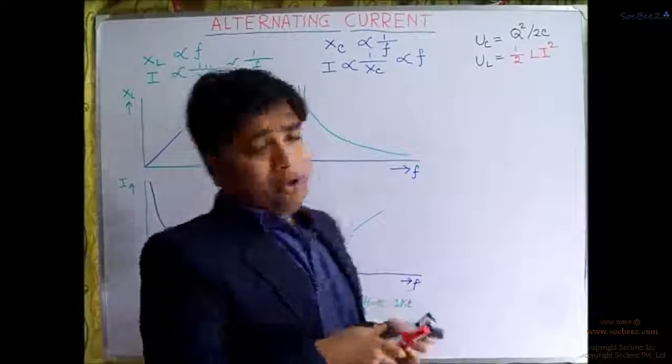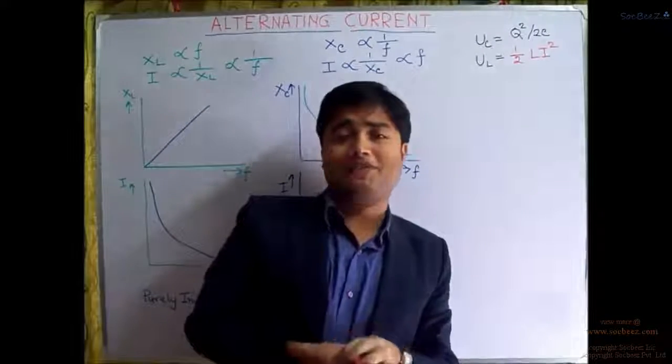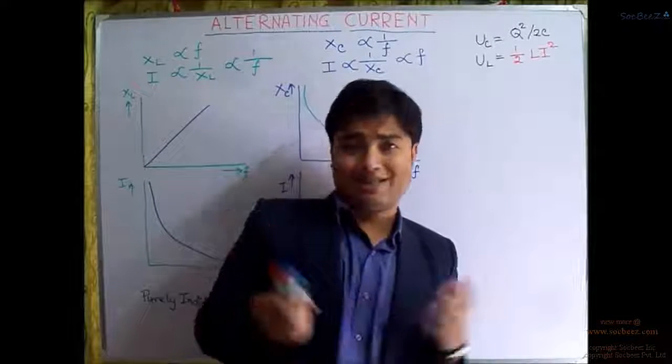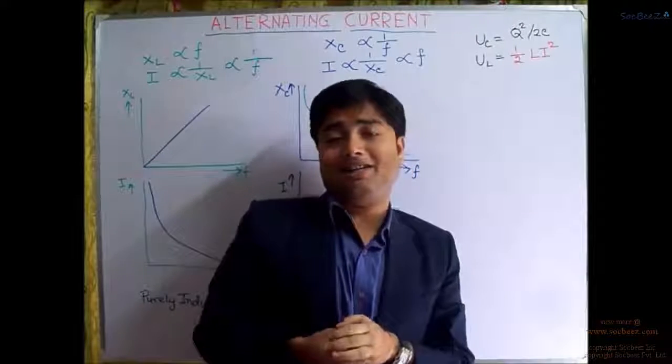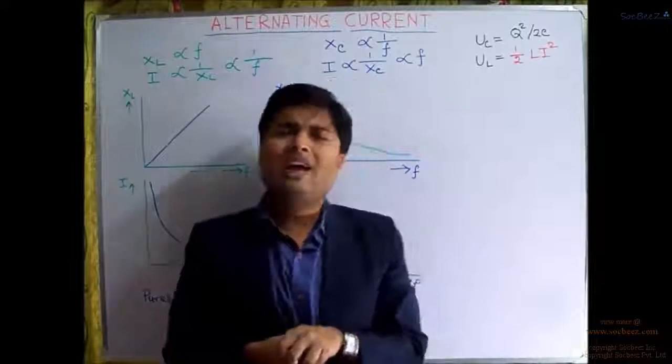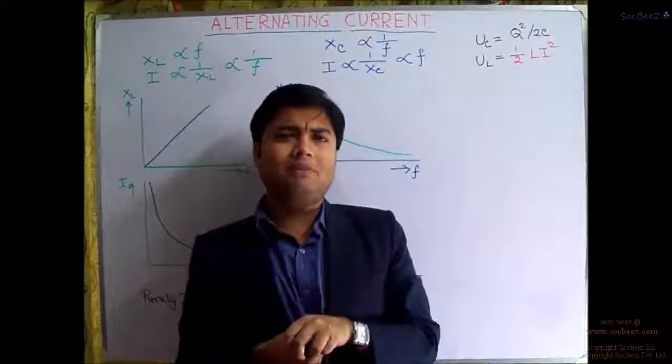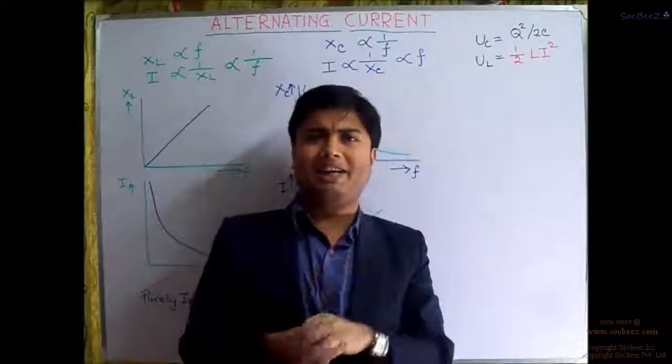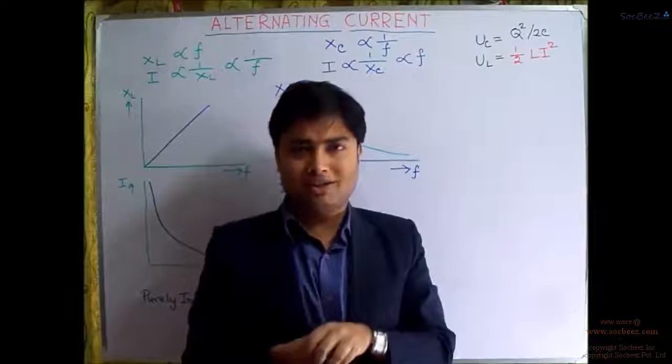Now, as we have studied in earlier classes, like in earlier standards of say 9 and 10, we have seen a very important concept that potential energy plus kinetic energy is always constant.